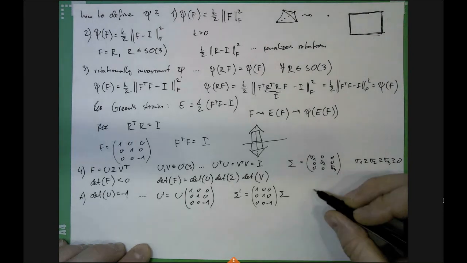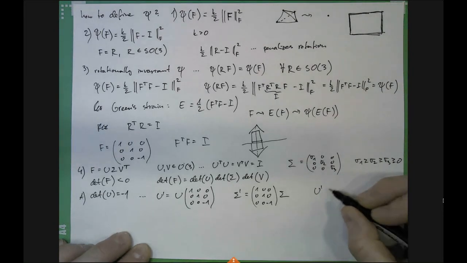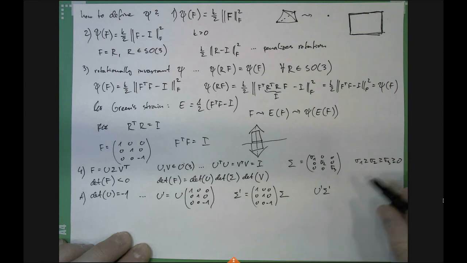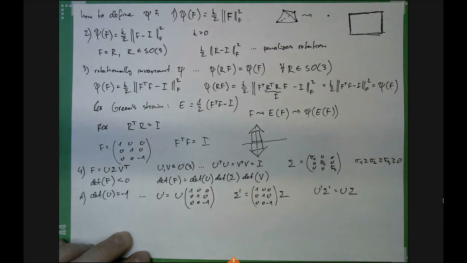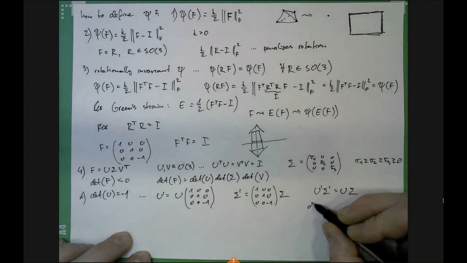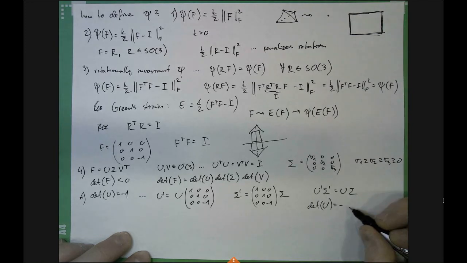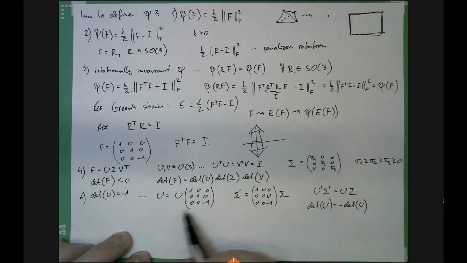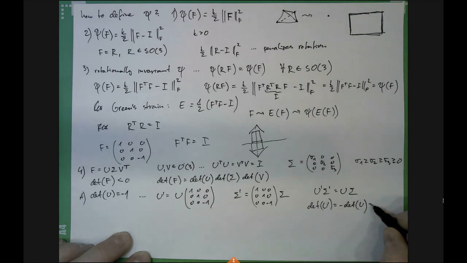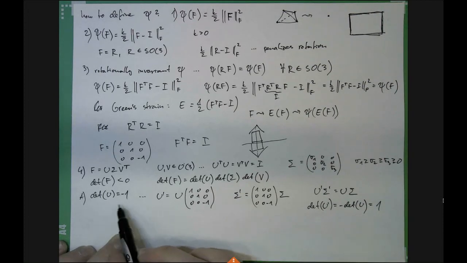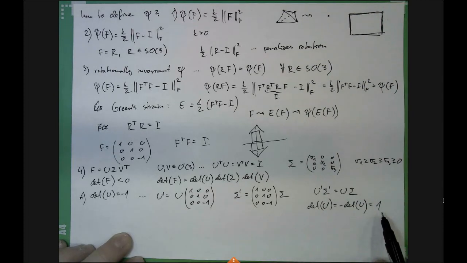Now notice that after this definition, the whole point of it is that U prime sigma prime is the same as U sigma, because if I multiply them together, this matrix becomes identity, disappears. And the reason I'm doing this is that the determinant of U prime is minus the determinant of U, because the determinant of this matrix, of course, is -1, times the determinant of U, which is -1, so I get 1, right?